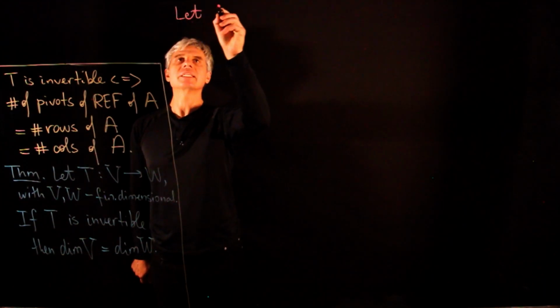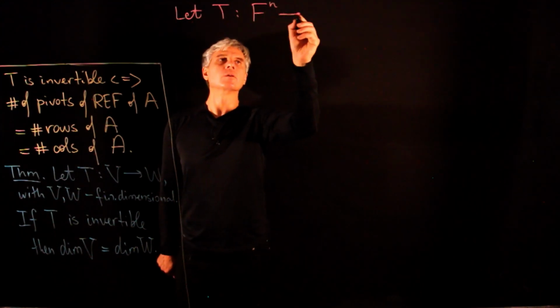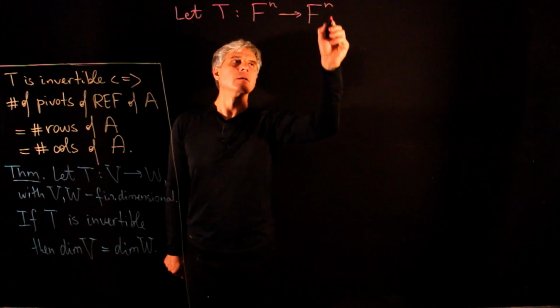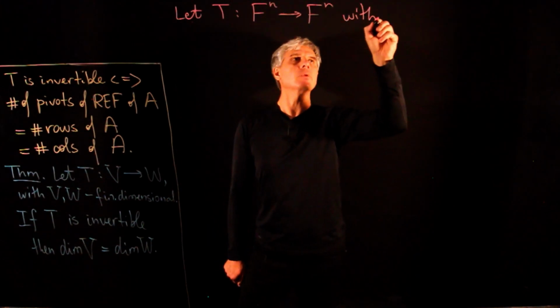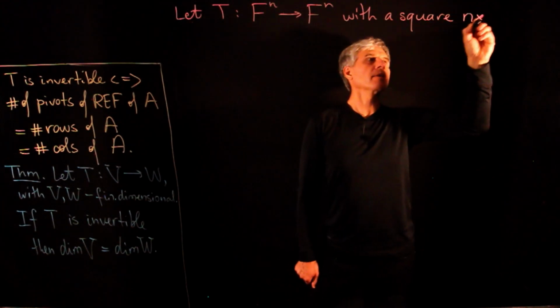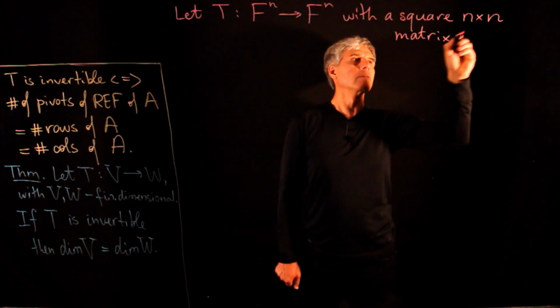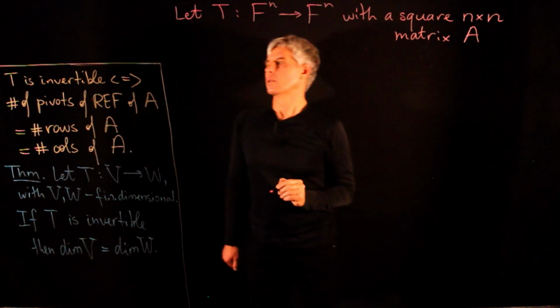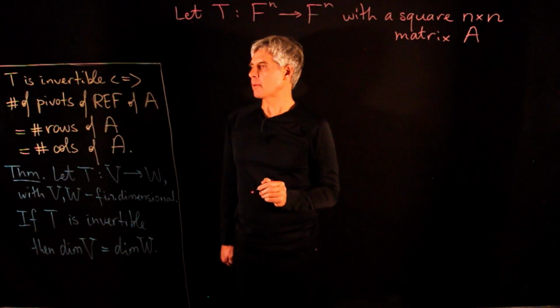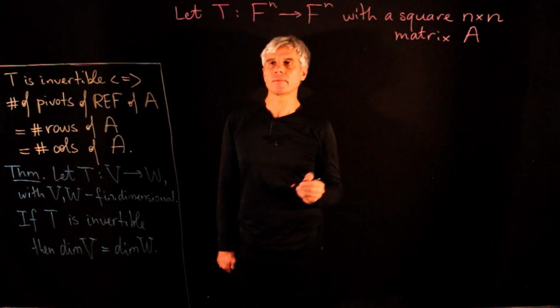So let T be a linear transformation from Fn to Fn with a square n by n matrix A. So what can we say about reduced row echelon form of the matrix in this case? Right?